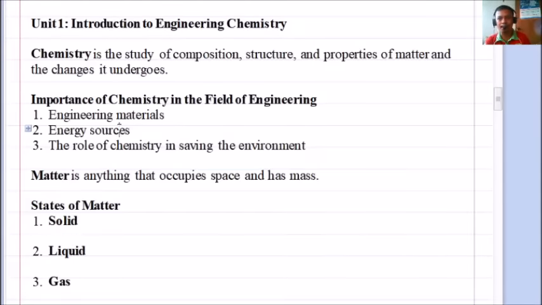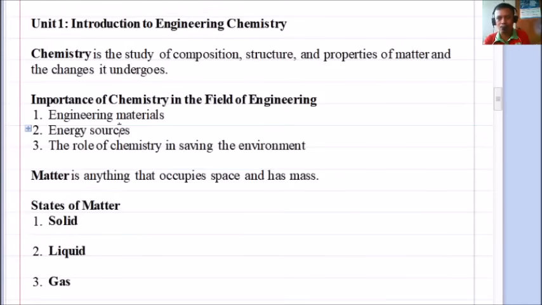Chemistry is the study of the composition, structure, and properties of matter and the changes it undergoes. So when we say chemistry, we are talking about what a body or a matter has. What attributes does it have? What features does it have?